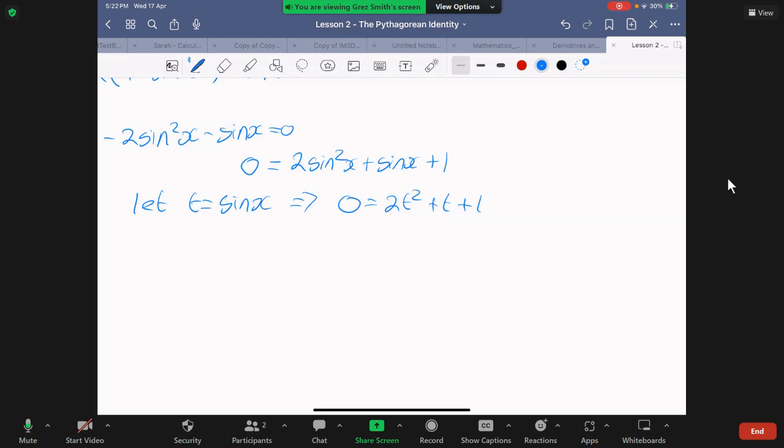So we need to split that middle term. We've got 2, so we need plus 2 and minus 1. So this is going to give us 2t squared plus 2t minus t plus 1. Split that middle term there.